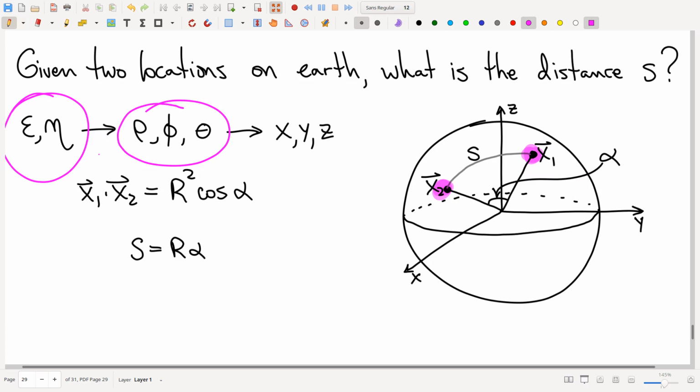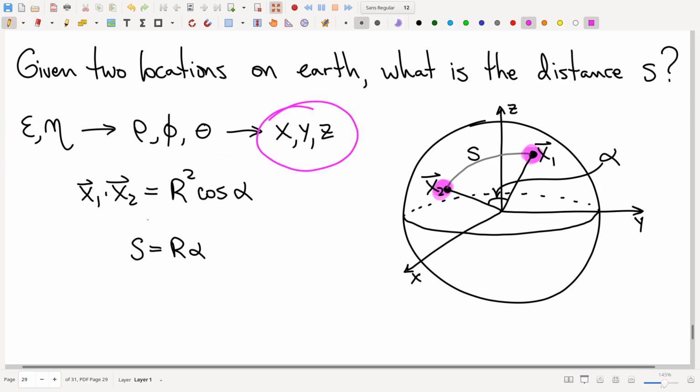And once you have these spherical coordinates of these two cities or points or whatever they are, conversion formulas immediately give you the rectangular coordinates of those two cities. Once you know the rectangular coordinates, it's easy to compute the dot product of those two position vectors, right? This position vector and that position vector.